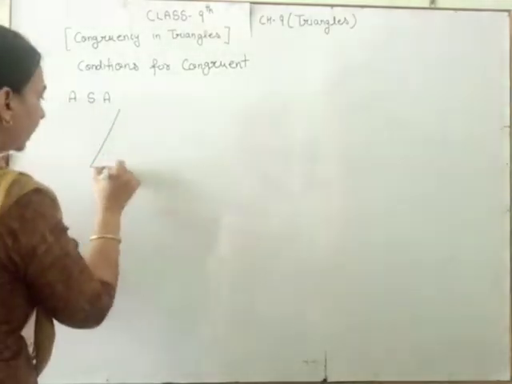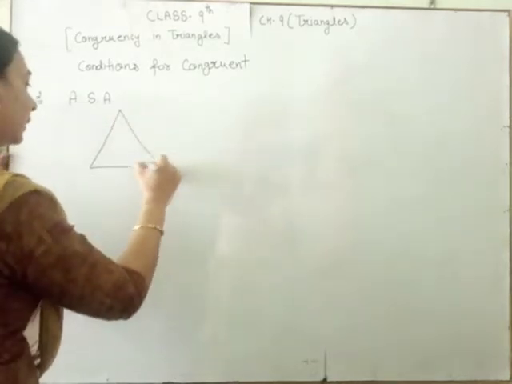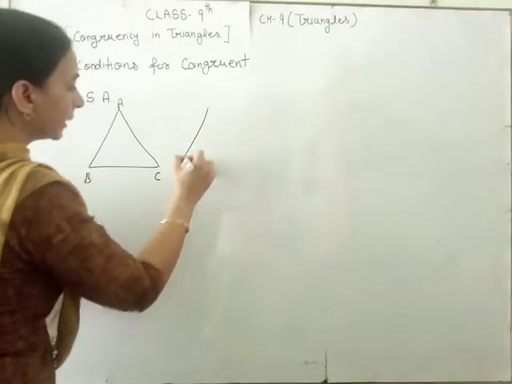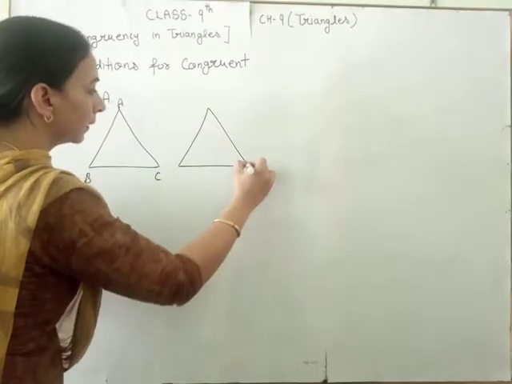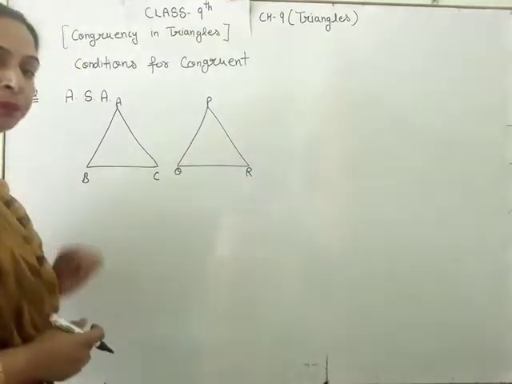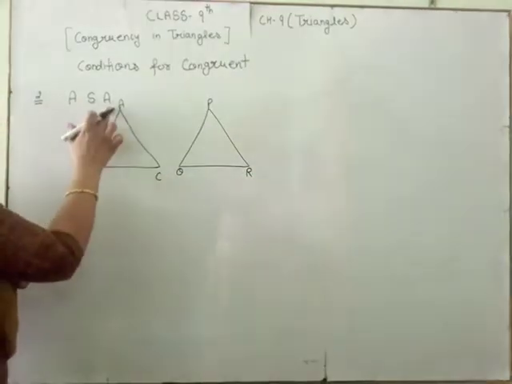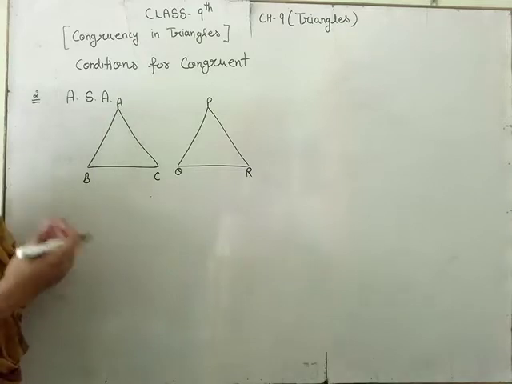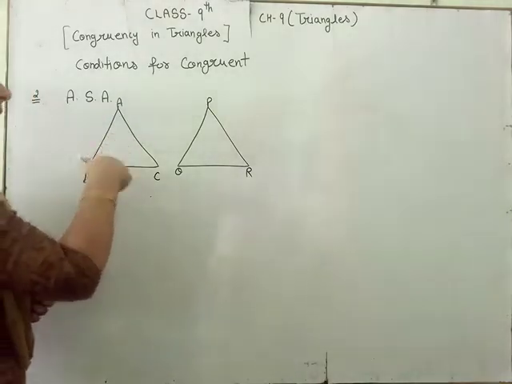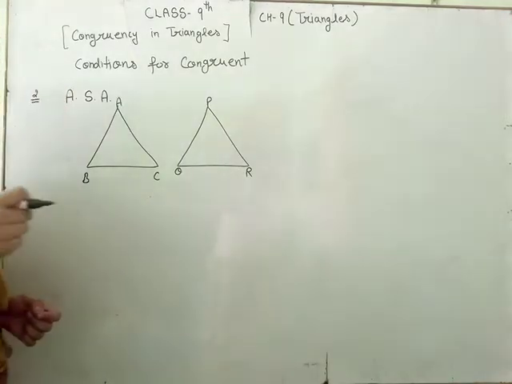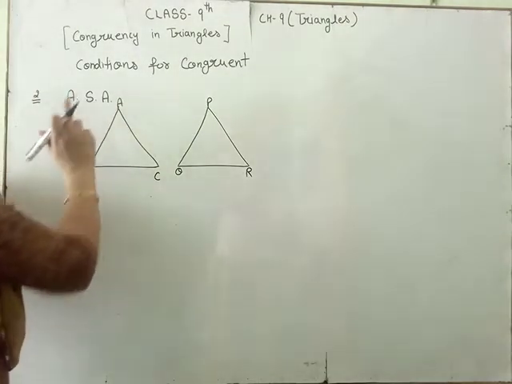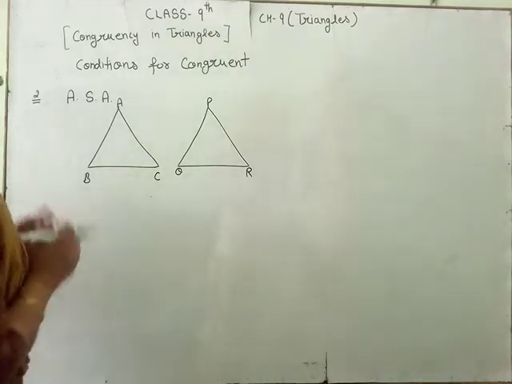If we have two triangles, ABC and the next triangle PQR, that means two angles and one side. ASA means two angles and one side of one triangle equal to two angles and one side of the second triangle, and the side is the included side between the two angles.